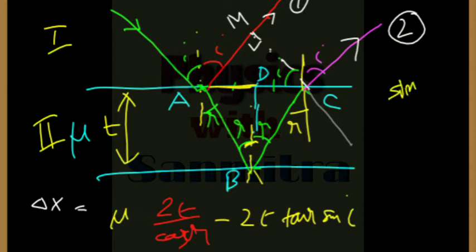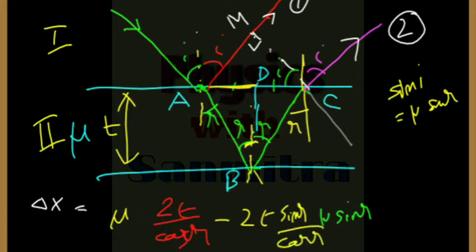sin i is equal to mu sin r. So if I replace sin i by mu sin r, and if I replace tan r by sin r by cos r, what will I get?